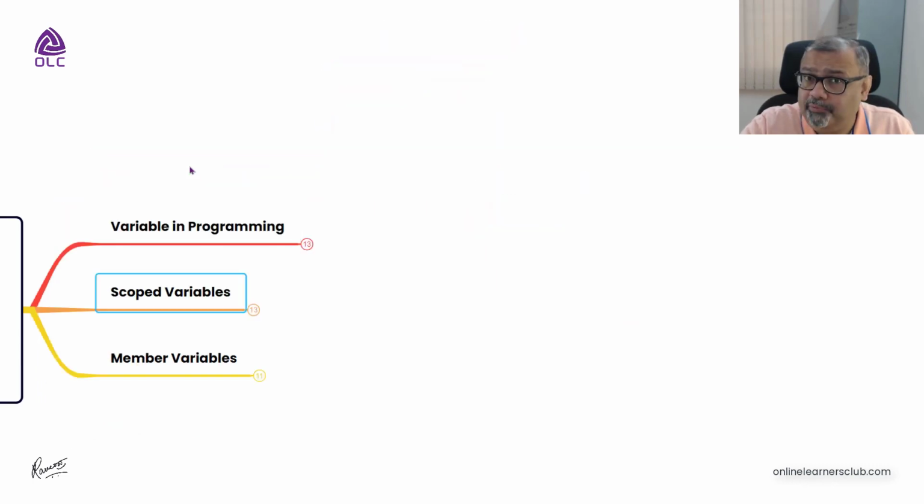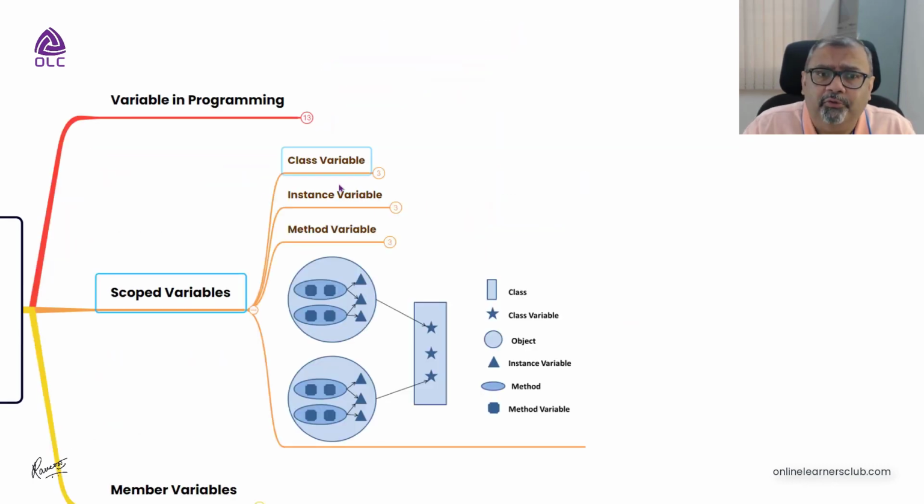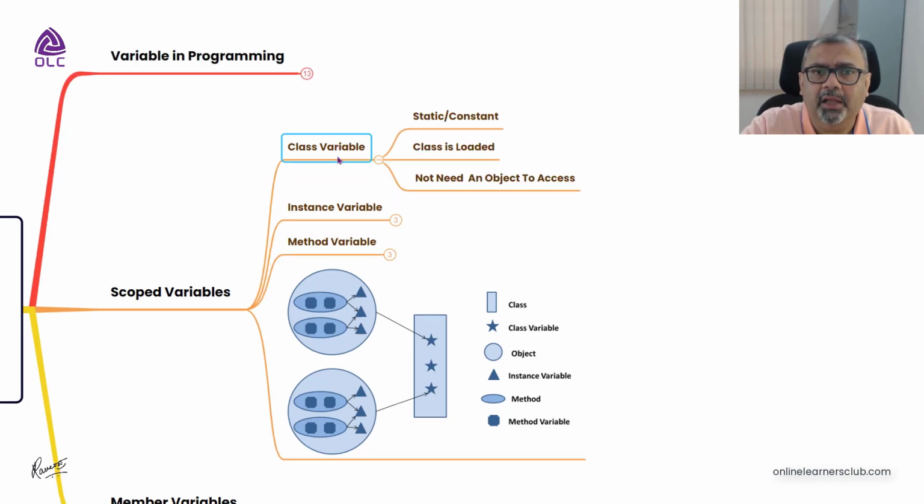There are different scopes for variables in Java. We have a variable with class scope, instance scope and method scope. What is a class scoped variable? It is nothing but a static or a constant. A class variable is a variable defined with the static keyword as a prefix.